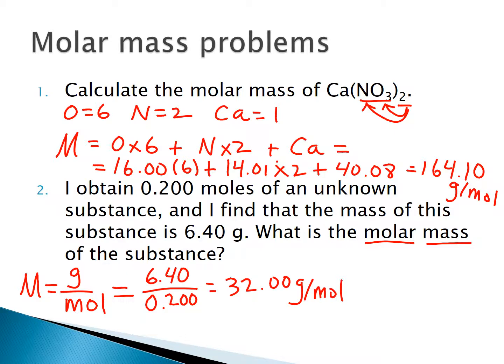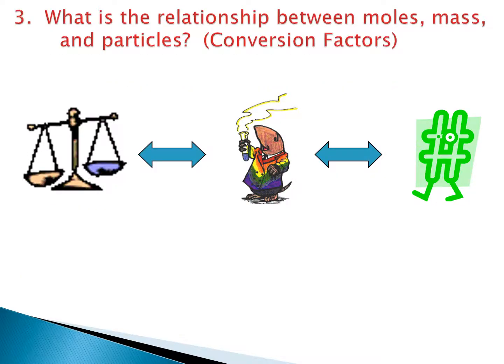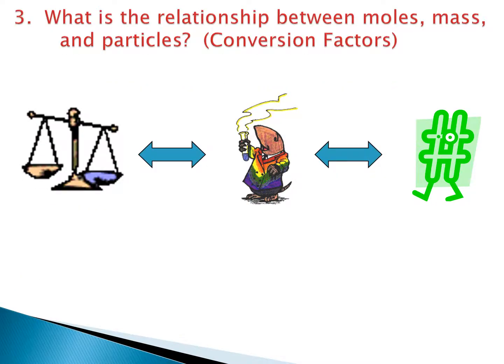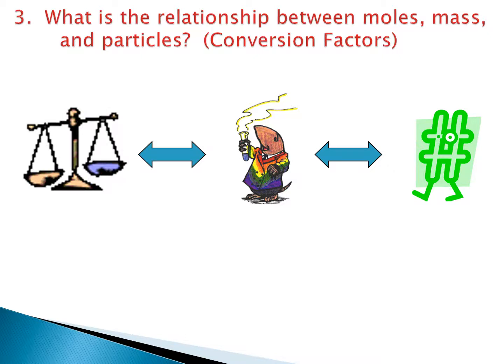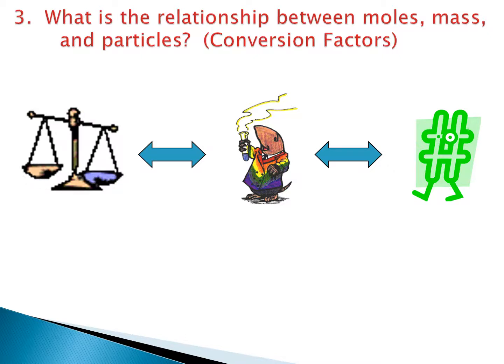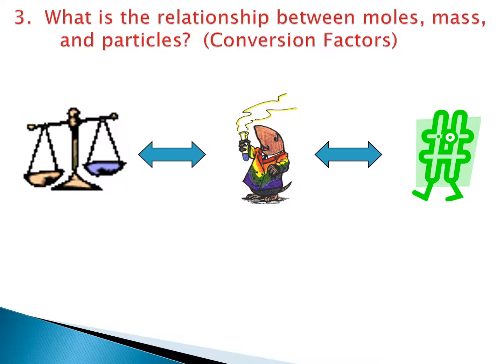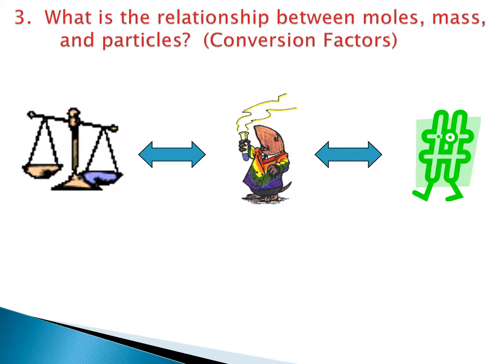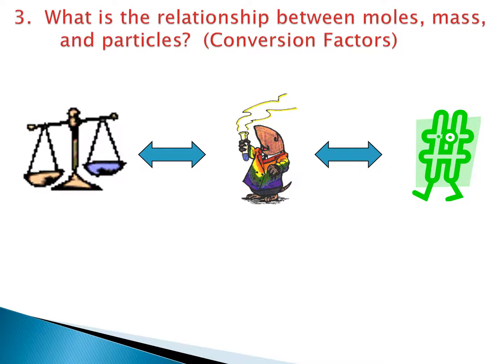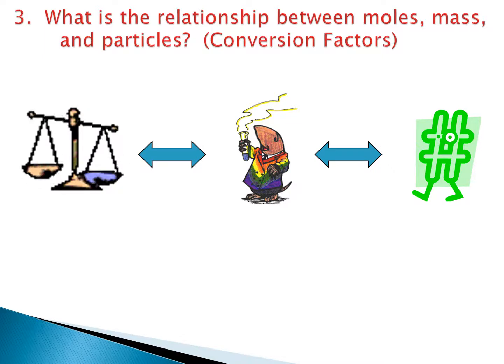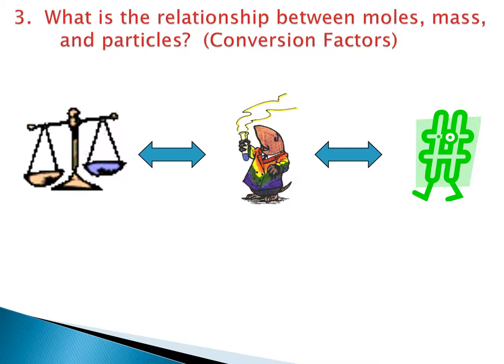Now again, the calculator is going to give you 32, but we're going to plug in 32.00 so that we have 2 decimal places in each. All right, so we have 2 handy conversion factors that we can use to convert the number of moles to the mass of a substance or the number of particles that it's made up of.